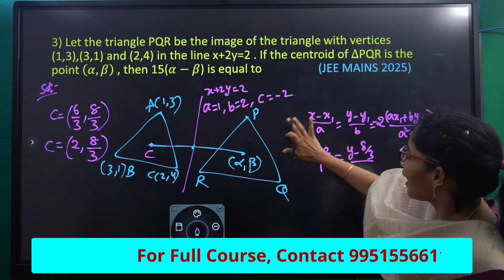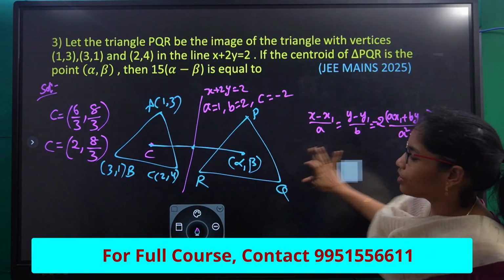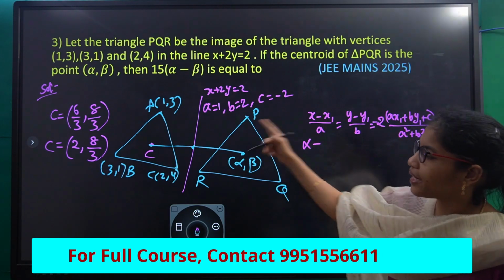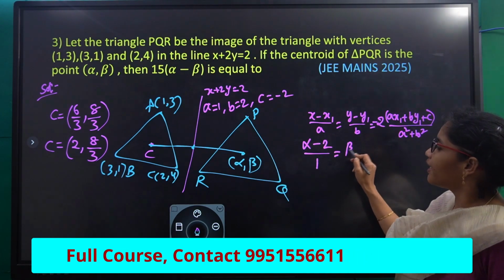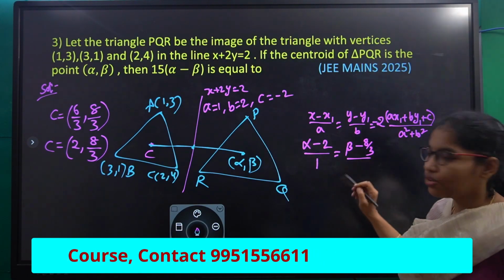Here x and y are the points you have to find, and they already mentioned those are alpha and beta. Just substitute x as alpha here. Alpha minus x1, 2, by a, which is 1. So beta minus y1, 8 by 3. b is how much? 2 here.